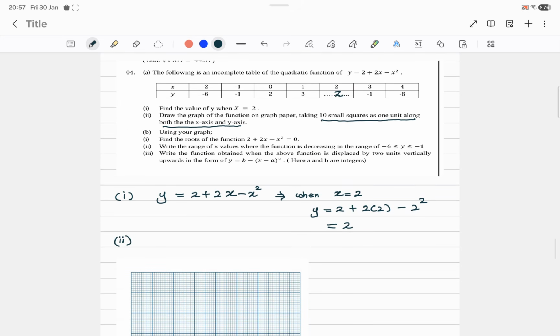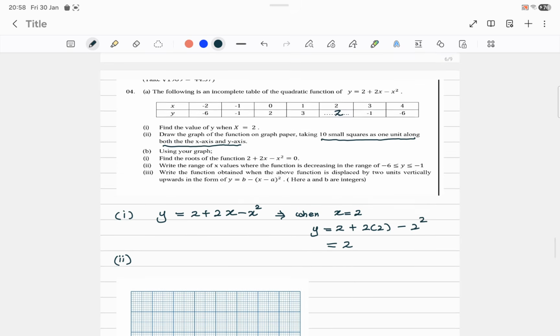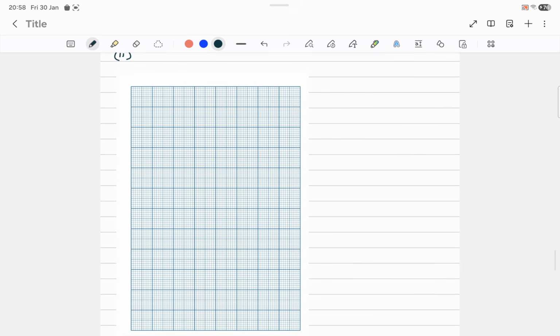Each 1 unit is 10 small squares, so x goes from -2 to +4 and y goes from 3 to -6. So let's start.